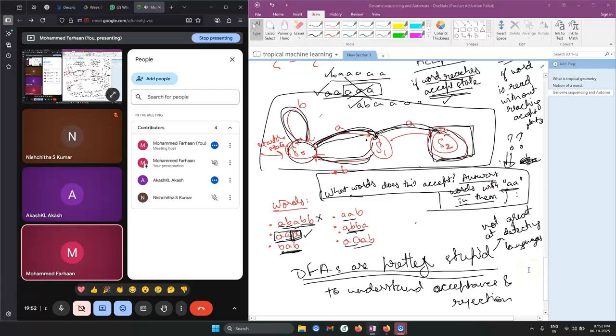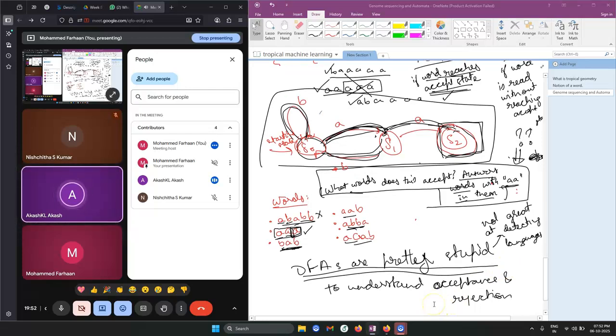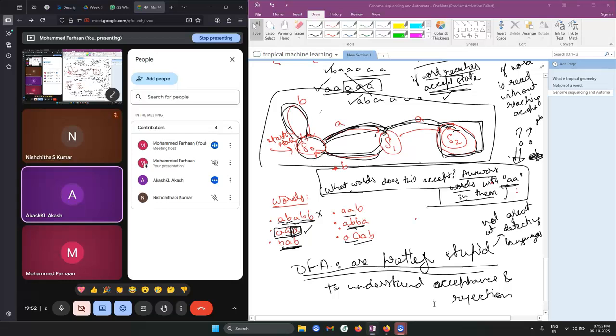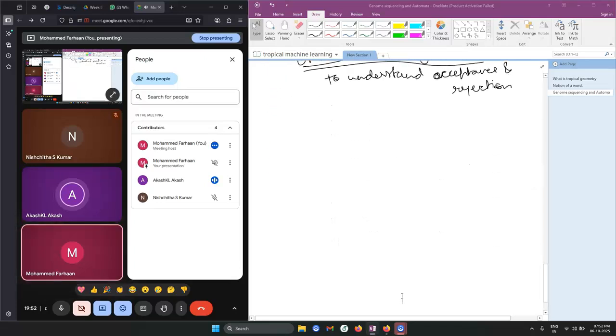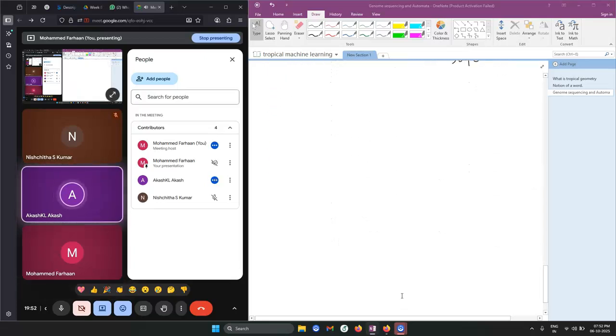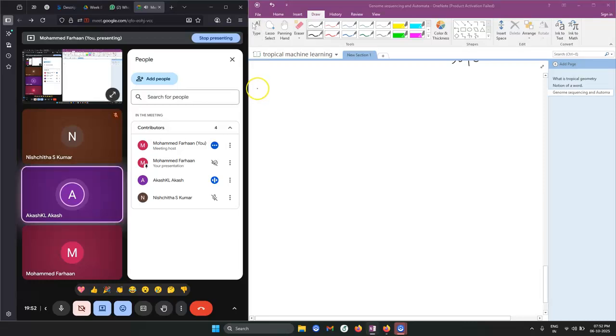Now, if you consider the DNA sequence in a general form, to get a specific type of sequence, we use the non-deterministic finite automata. Non-deterministic, we can't get the correct sequence that we accepted.